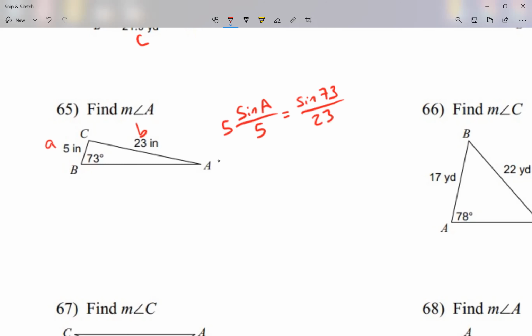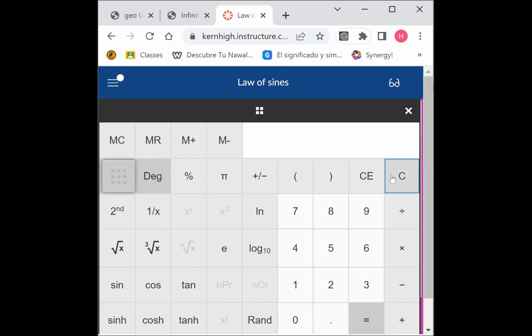Let me multiply both sides by 5. So I have that sine of A, so I had to go sine of 73, close parentheses, times 5 divided by 23 equals 0.2079.